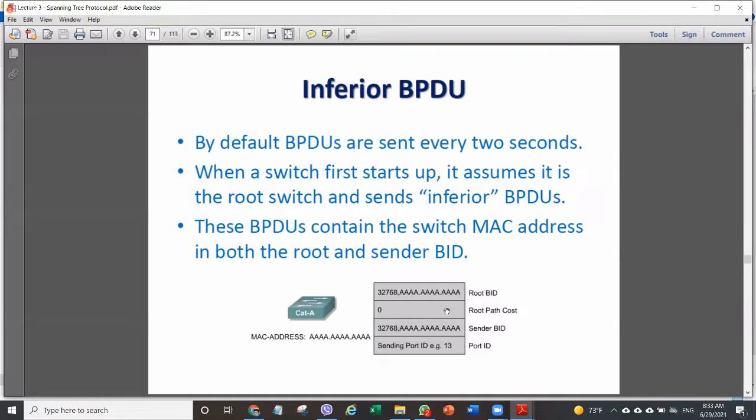The cost from root to root is 0. The root bridge ID is this particular switch. At the same time, that one is sending the BPDU. As per that logic, the sender bridge ID is also the same MAC, right?